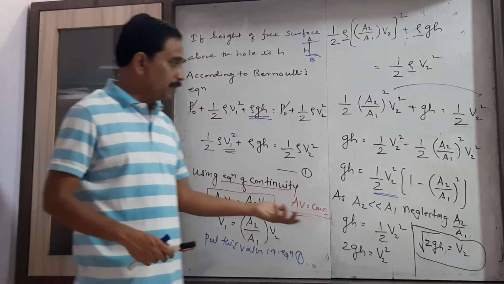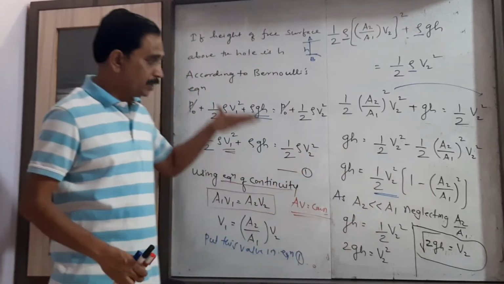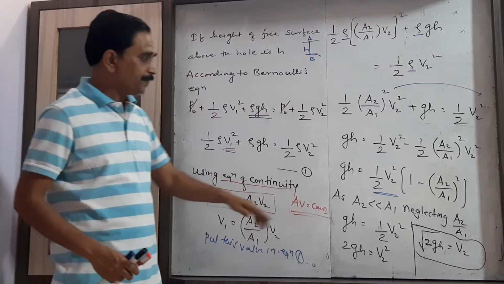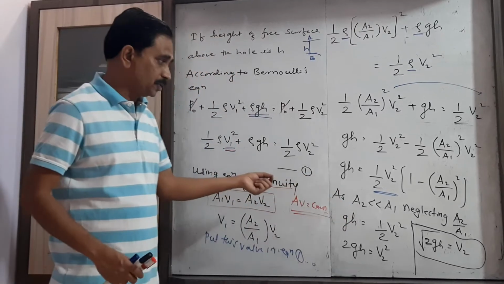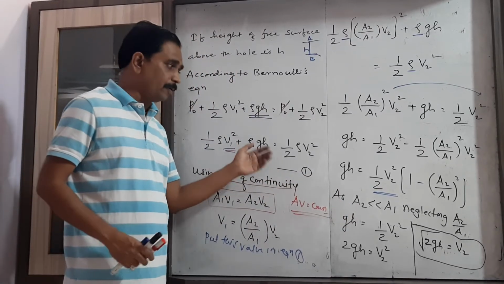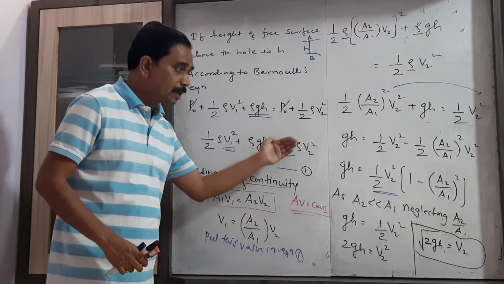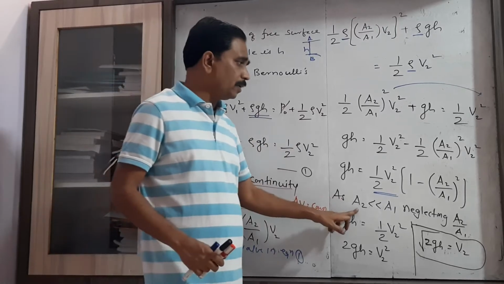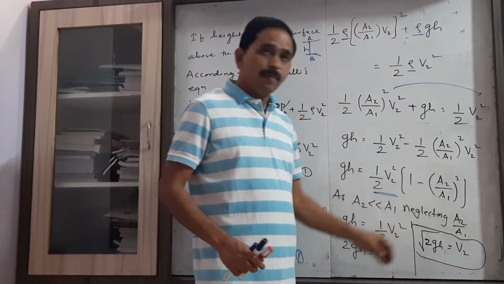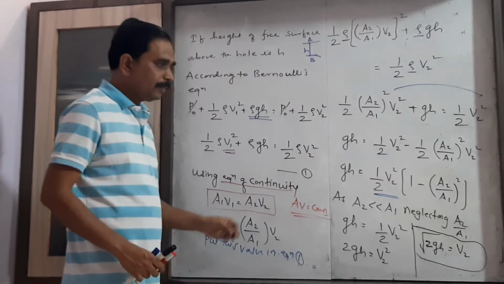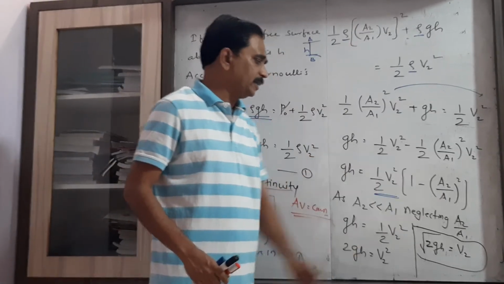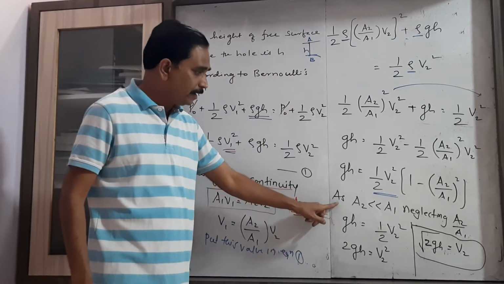Now what is our assumption? The area of cross section at the top is very much greater than the area of cross section at the place from where the liquid is given out. This is very small, so this ratio becomes very small and we can neglect it.